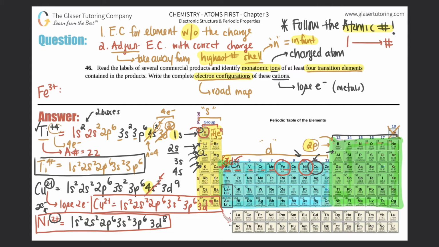So it would be a d6. So we have 1s2, 2s2, 2p6, 3s2, 3p6, 4s2, and then we have a 3d, 1, 2, 3, 4, 5, 6.